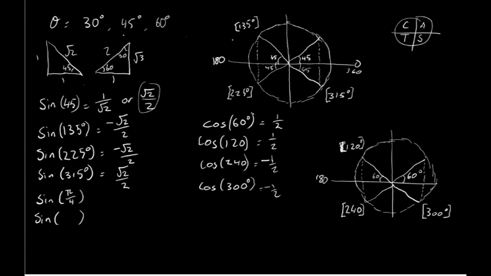Well, 135 degrees, if we're now talking in terms of pi, 180 is 1 pi, 45 is pi on 4, so 135 is going to be pi minus pi on 4. So it's going to be 3 pi on 4.